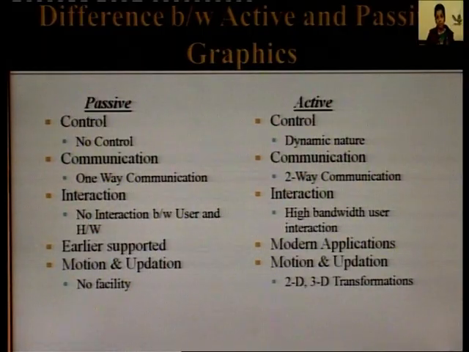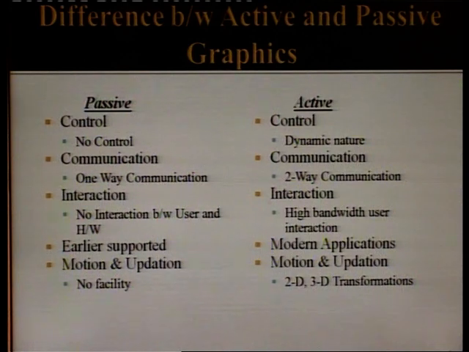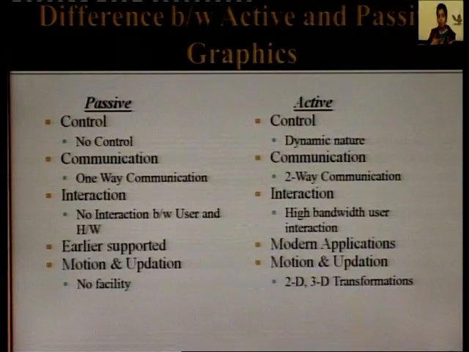So on that basis there are two types, active and passive graphics. In passive graphics there is no control over the image, whereas in active graphics there is dynamic control over the image. That means there is two-way communication, and the user may interact with the image, manipulate the image and feed information into the image.